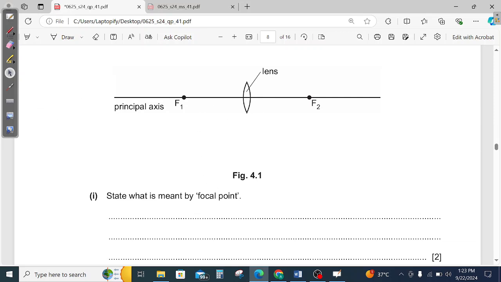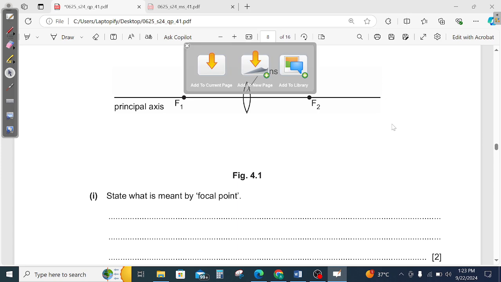To understand the focal length, that is f1 and f2, I will explain right now on the whiteboard.